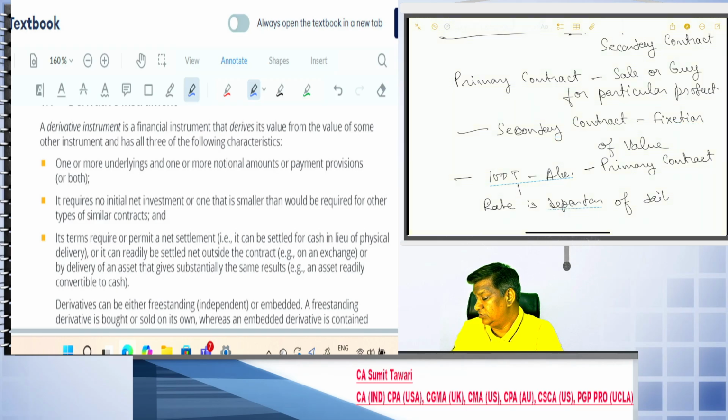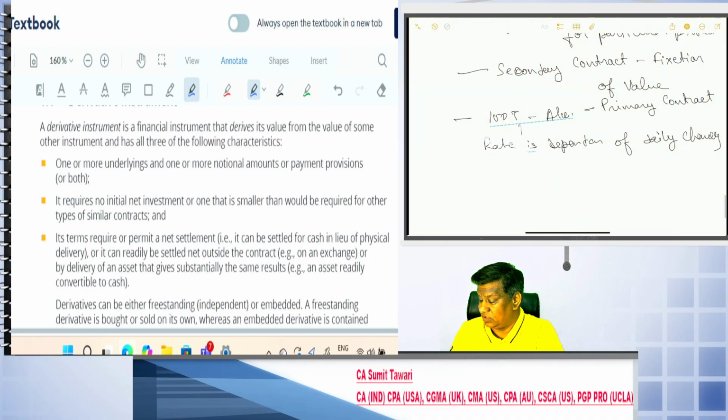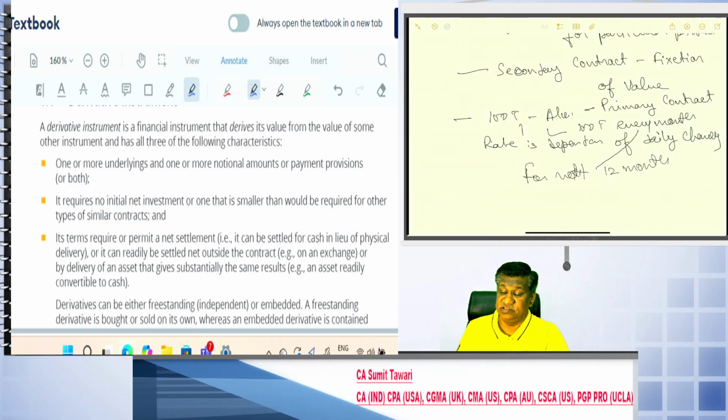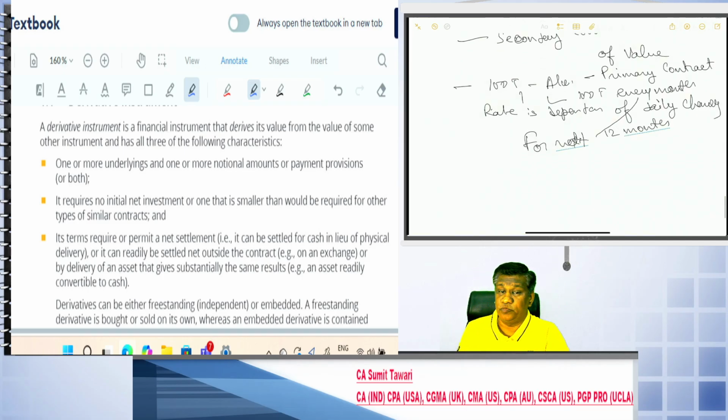So if the contract says a particular person is going to buy 100 ton every month for the next 12 months, then every month the rate is different. If I want to protect myself from loss, or fix the rate for the entire year, then the secondary contract is basically the rate contract.